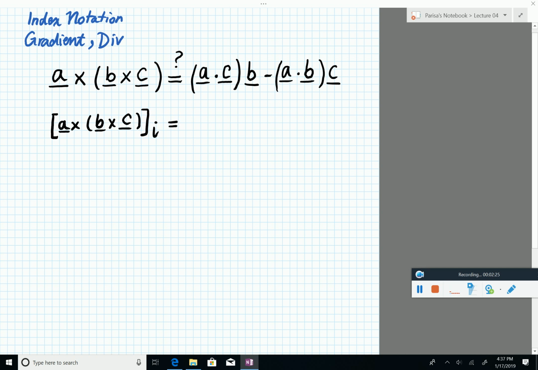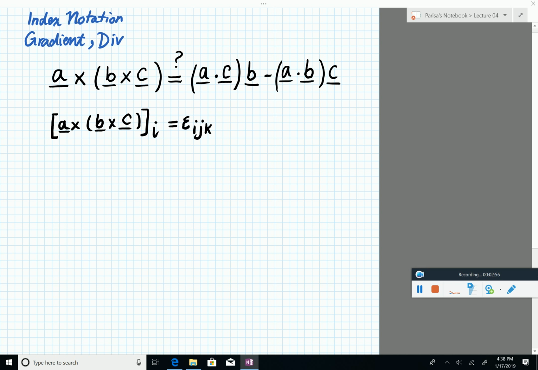And this is a cross product. Last time we learned how to formulate the cross product. So think about it as A cross product with another object, which is B cross C. So you need to use the permutation index, and the first one is the free index. Remember, the first is the free index, and then what did we call the other ones?